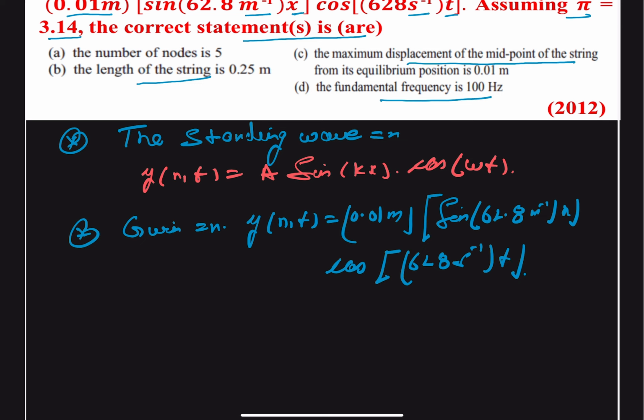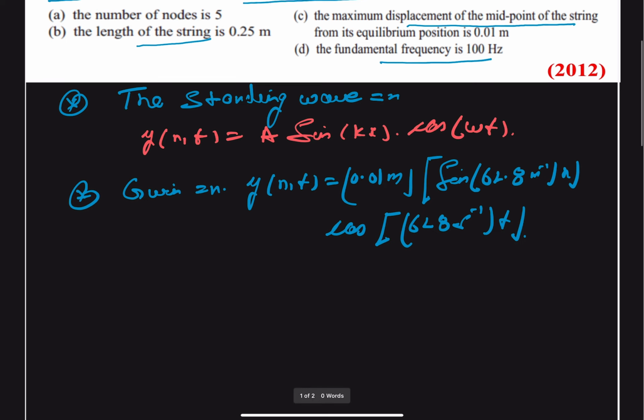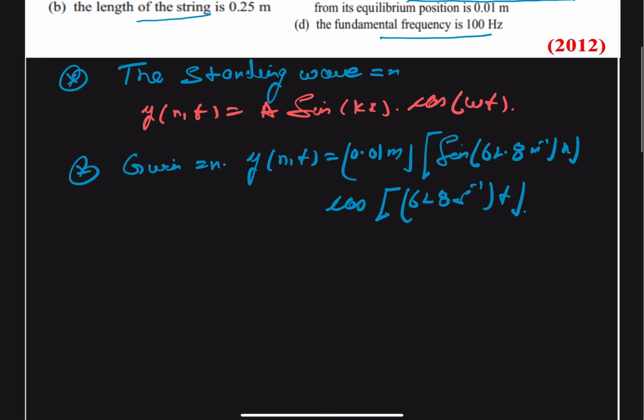So in the general equation, we can say that our A is the amplitude, and if we make the comparison with the given equation, we can say that the value of A will be equal to 0.01.